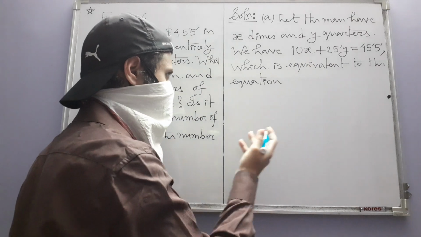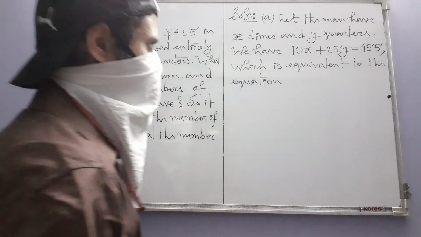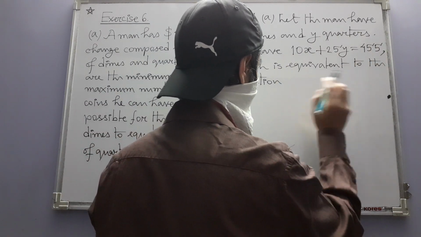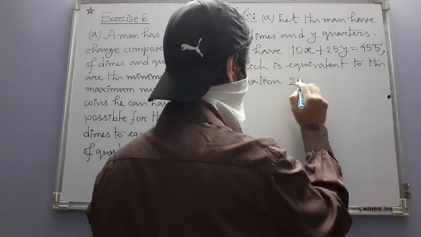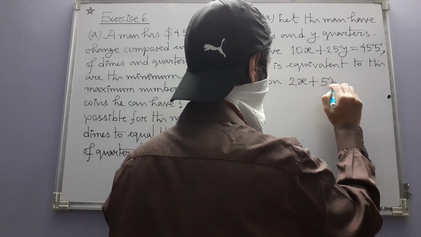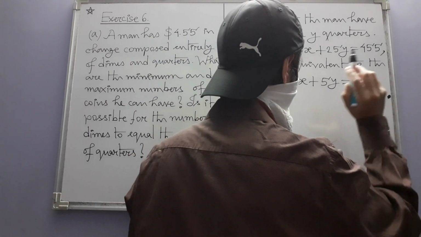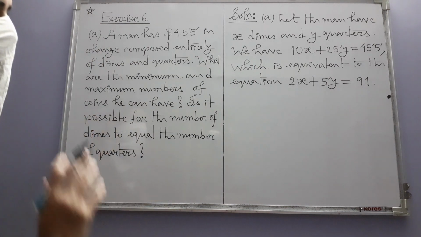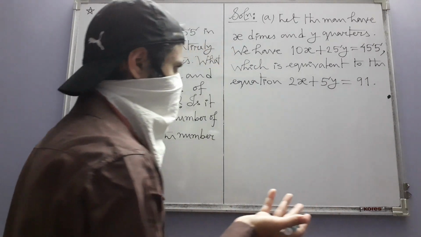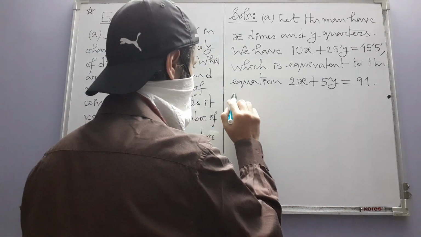You can see that you can divide on both sides by 5. All the coefficients and this constant term are all divisible by 5. So you have 2x plus 5y equal to 91. So you get this Diophantine equation. Now, from theory, we can write the general solution to this equation.